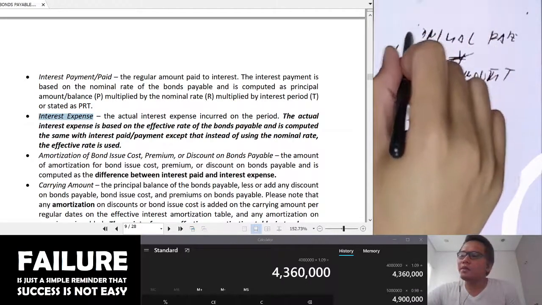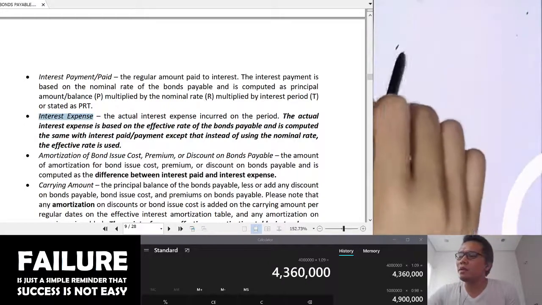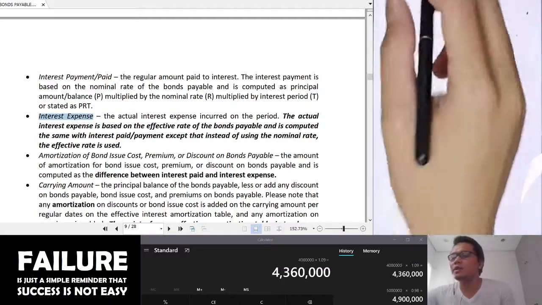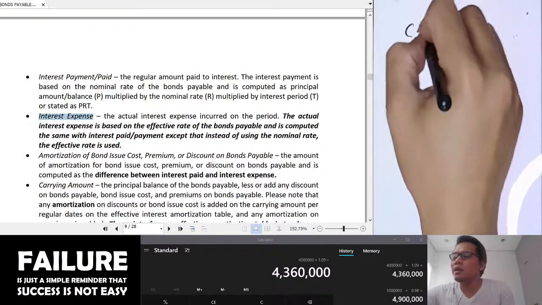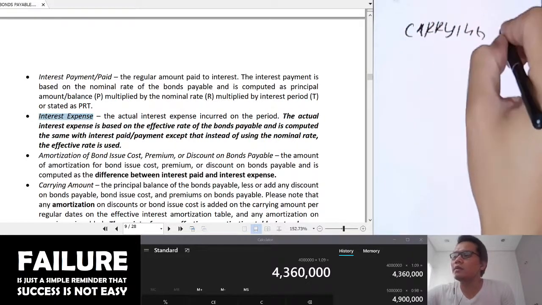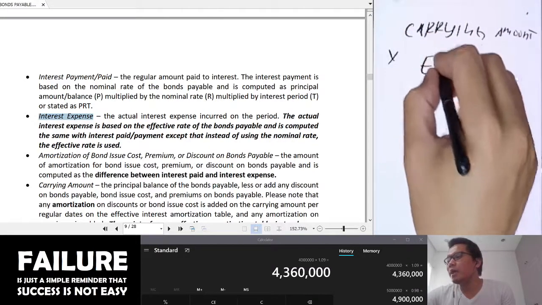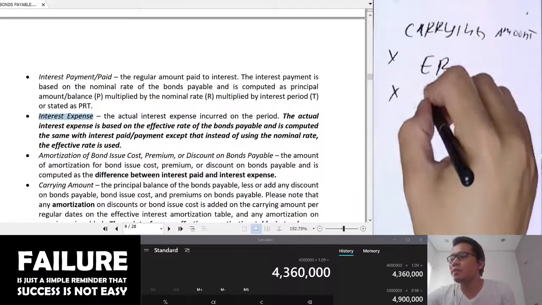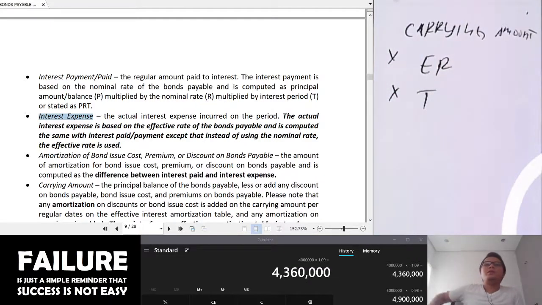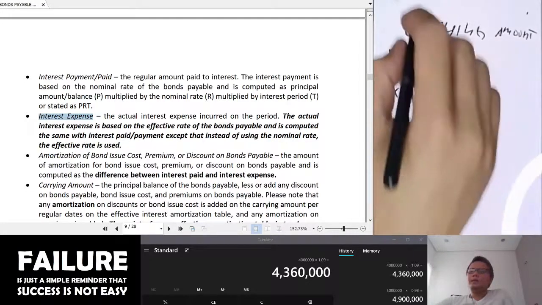The interest expense is computed as carrying amount, okay, hindi face amount, carrying amount multiplied by effective rate multiplied by time. So parang interest payment lang din, except that our basis is the carrying amount and the effective rate. So, yan yung interest expense natin.